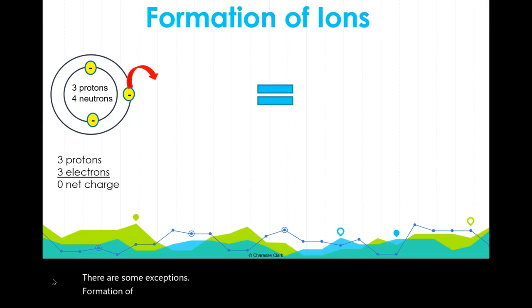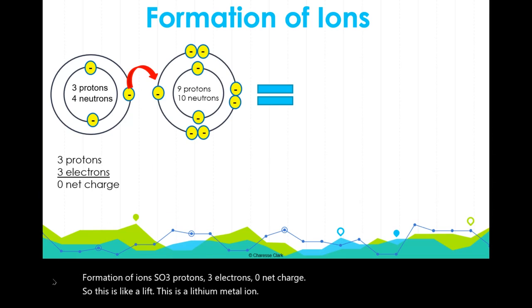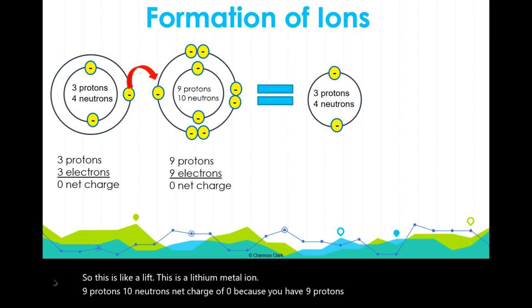Formation of ions. So 3 protons, 3 electrons, 0 net charge. This is a lithium metal atom. 9 protons, 10 neutrons, net charge of 0 because you have 9 protons and 9 electrons.